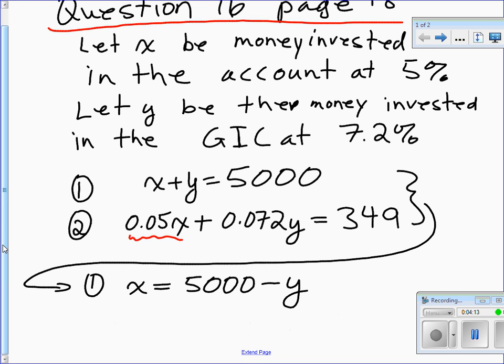If I multiply by 100, it'll make my life easier. Because I've solved for X, the only thing I want to get rid of is that 0.05. So I'm going to multiply everything by 100. Now I get this.